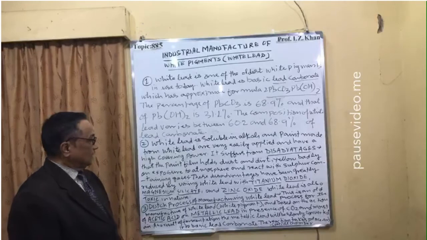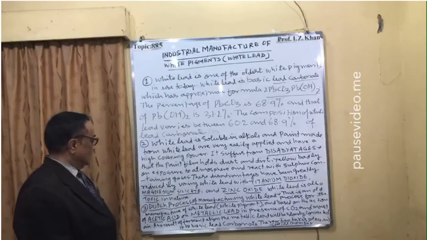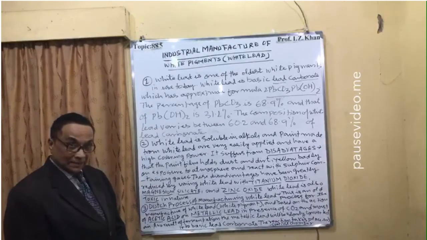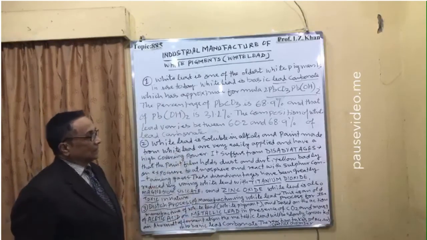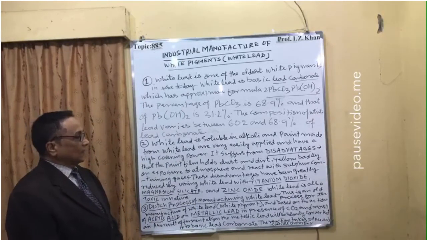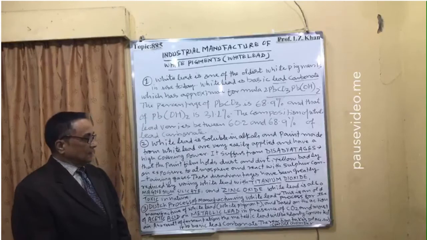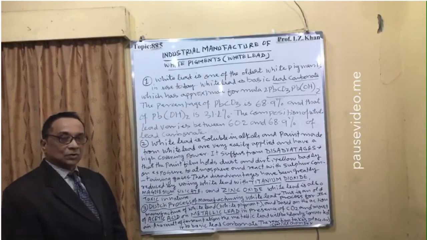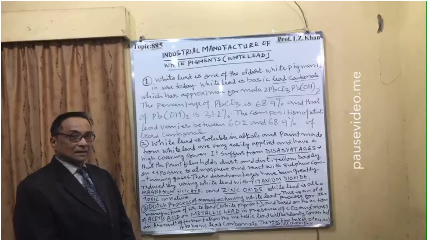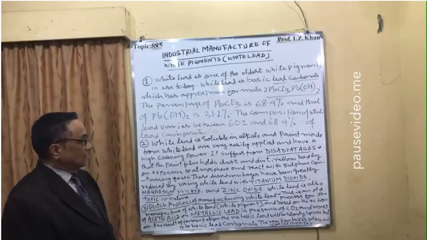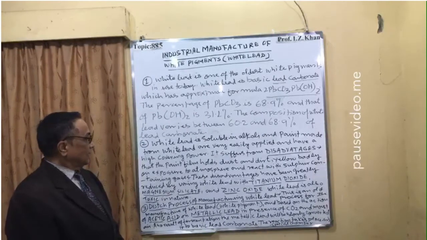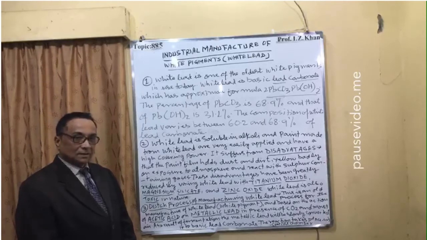These disadvantages have been greatly reduced by using white lead with titanium dioxide. So now this disadvantage is overcome by some new additions and some new compounds, so that it is stable and dirt and dust cannot hold on the surface.